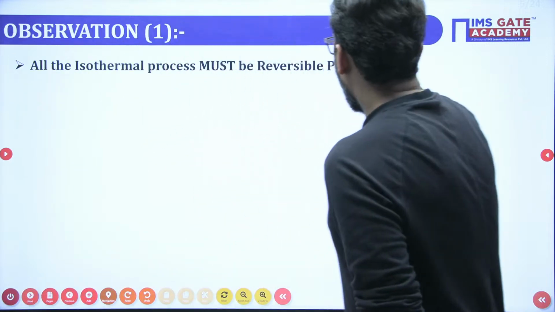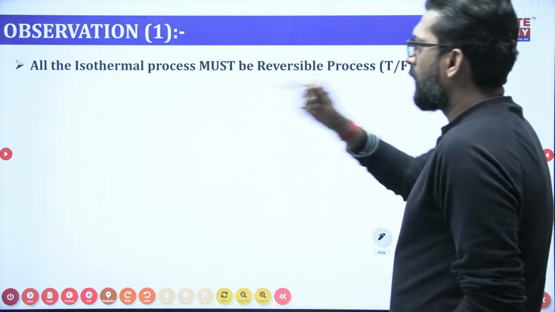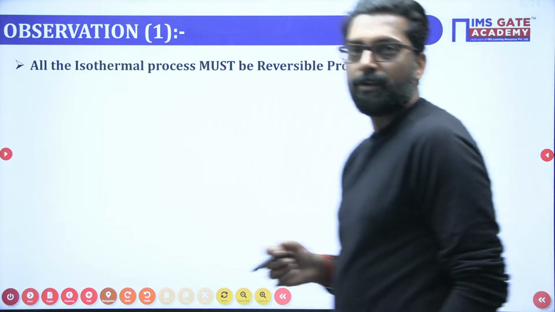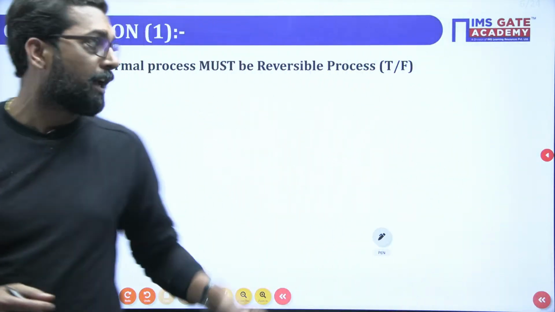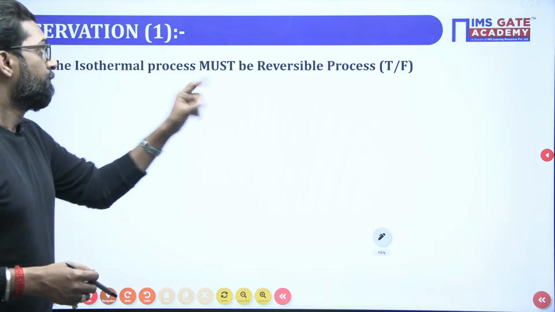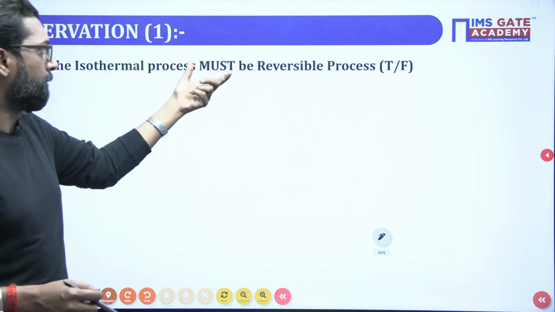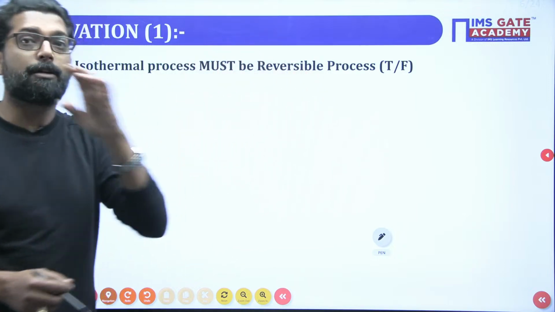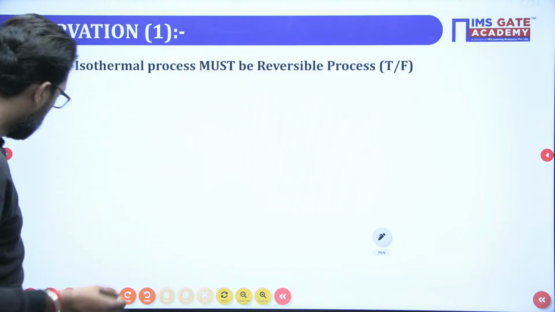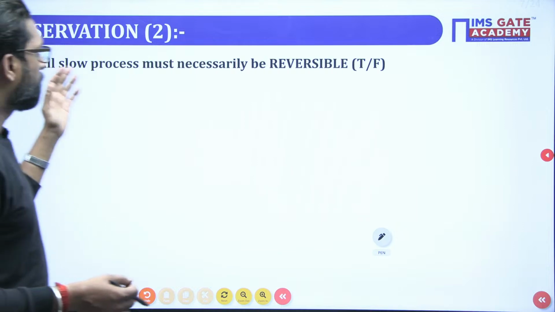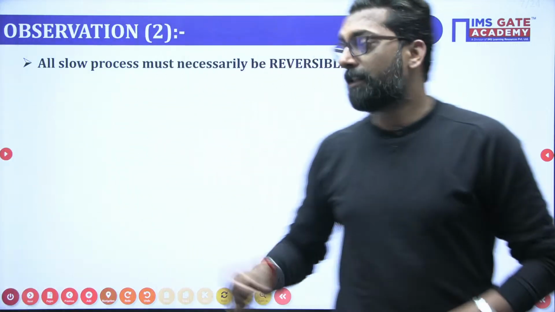We also discussed whether all isothermal processes must be reversible processes. No, it is not like that. An isothermal process may be reversible, but it is not a must. We already discussed this in the previous session.